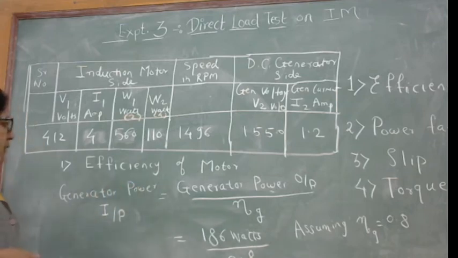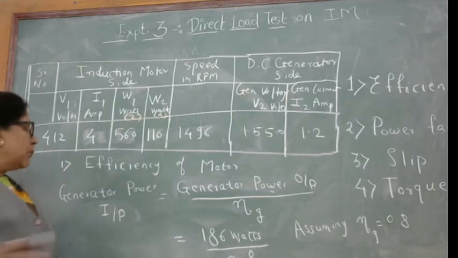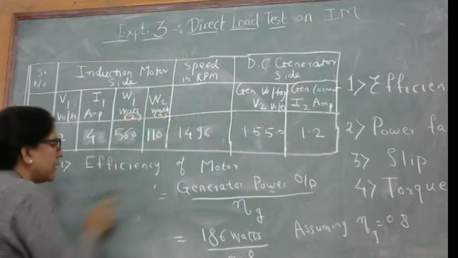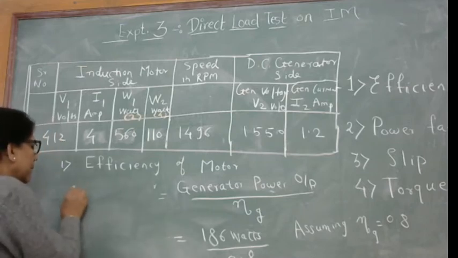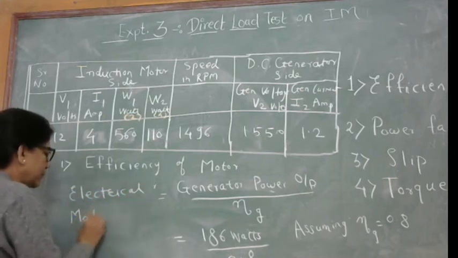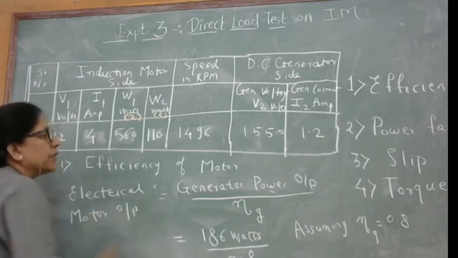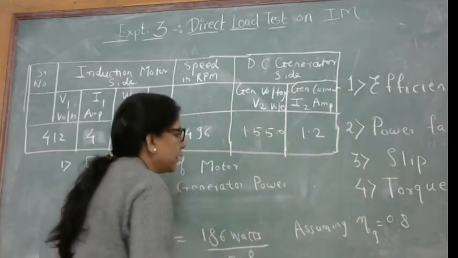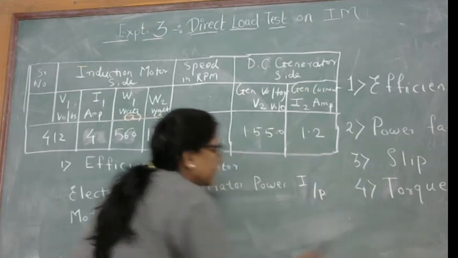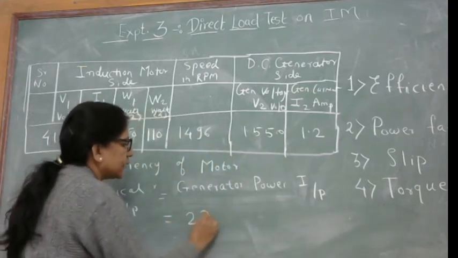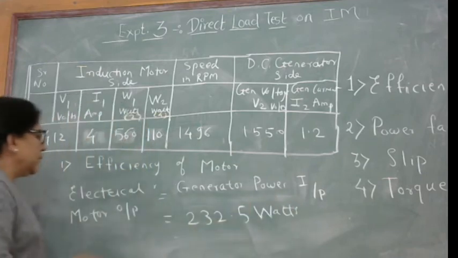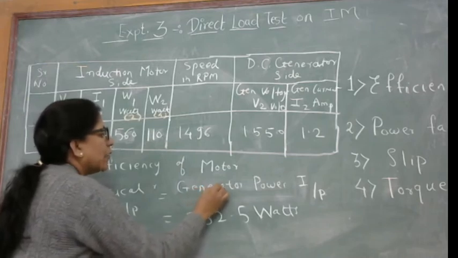Now this generator is getting its input from the motor, so electrical motor output equal to generator power input, and we have just now calculated this equal to 232.5 watts.